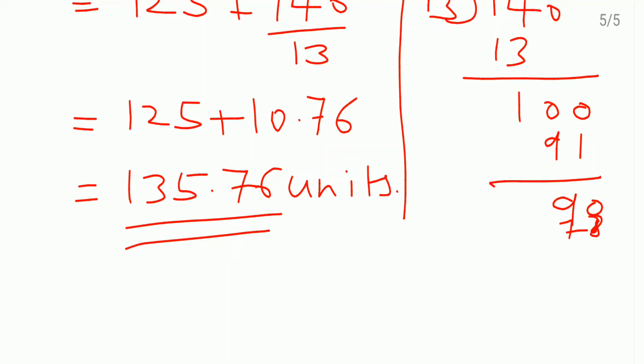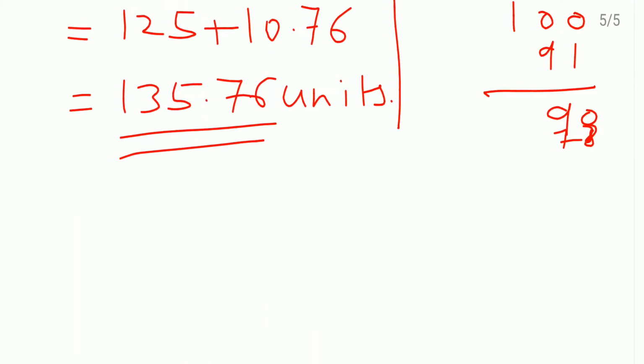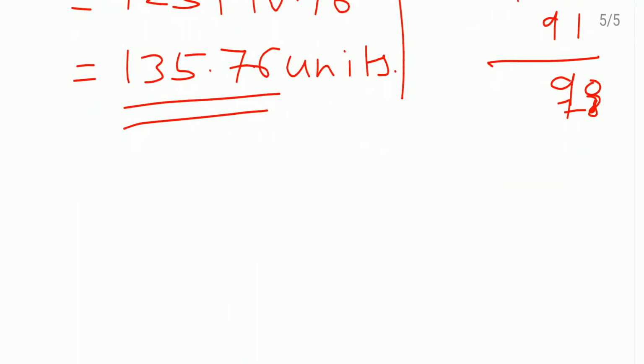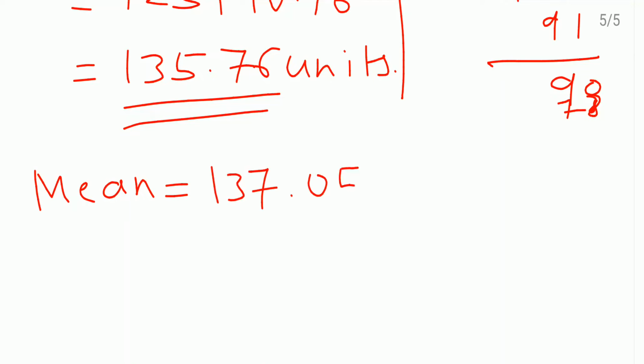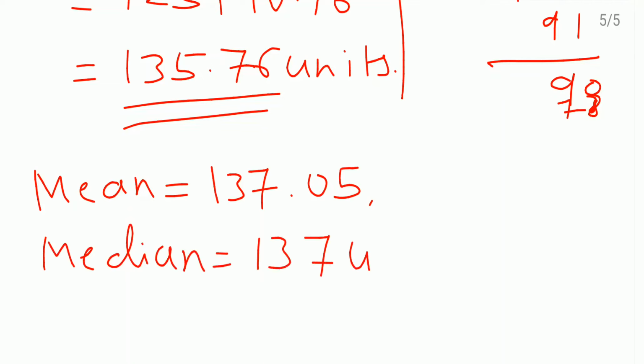Now what they said is you have to compare all three measures: mean, median and mode. So let me write it down here. They have given us the mean, which means the average monthly consumption, which was 137.05. Then the median was 137 units.